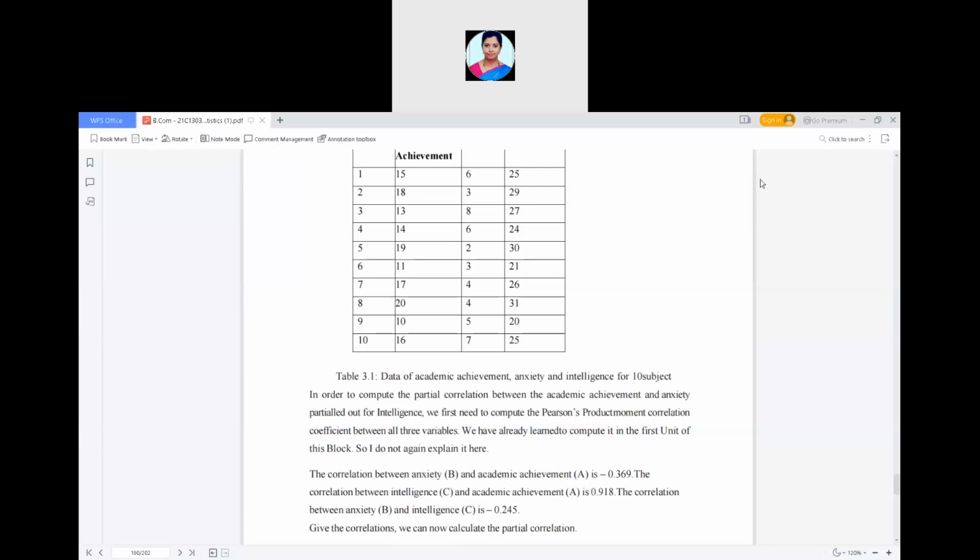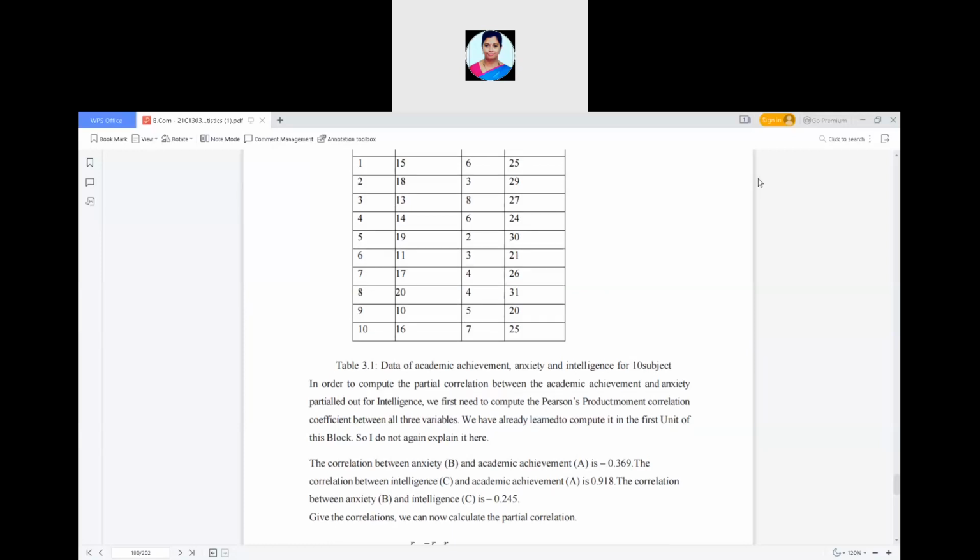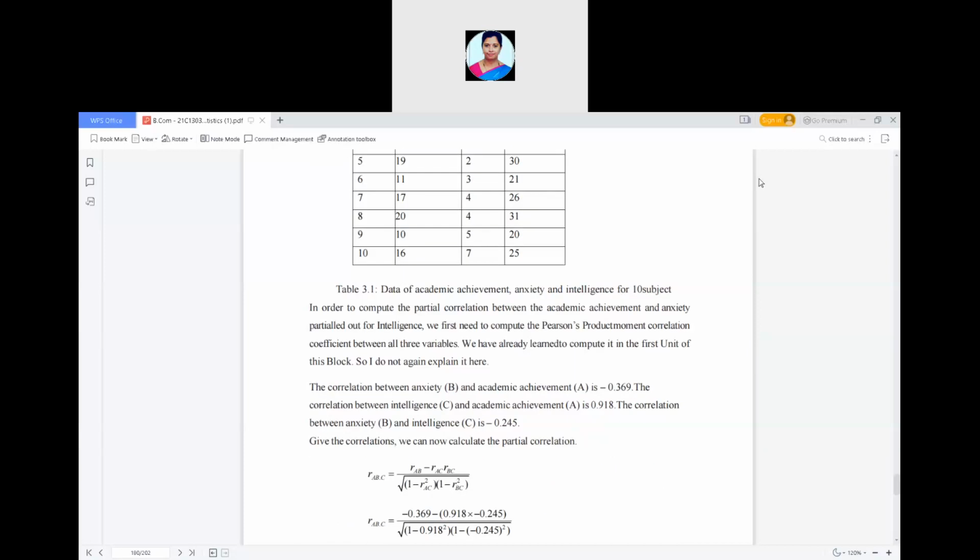We first need to compute the Pearson's product moment correlation coefficient between all three variables. We have already learned how to compute the correlation between any two variables.